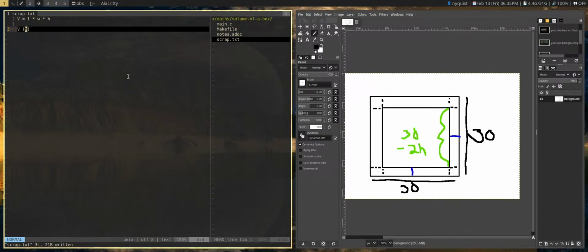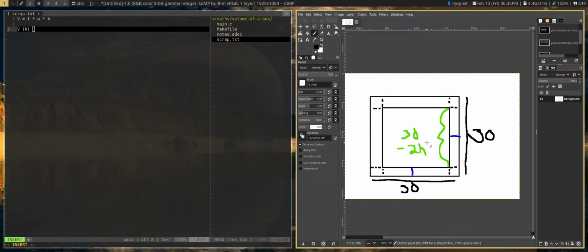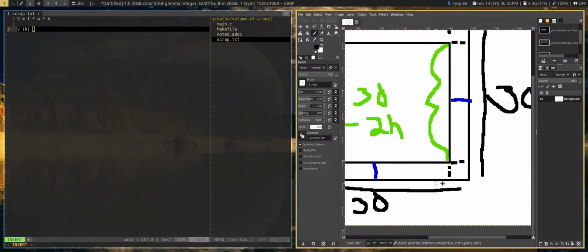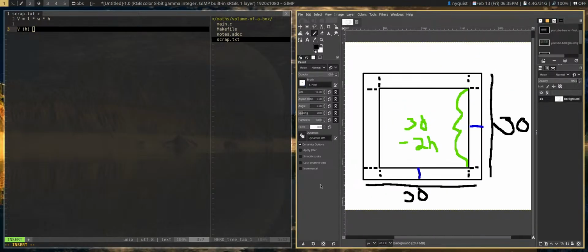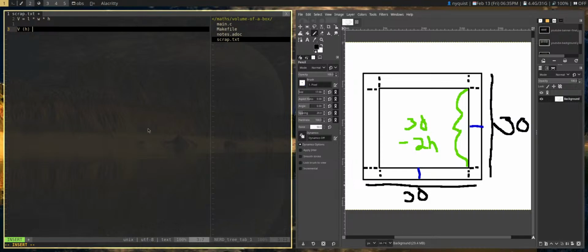If we want to find the volume for this, we're going to have to get 30 minus 2h, because of the length of this side and this side. So 30 minus 2h, and then we're going to have to do that times h.